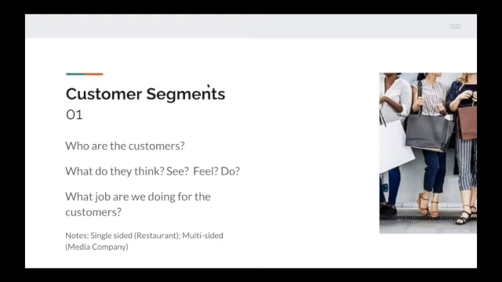Now, a multi-sided business model would be, let's say, a media company. If you're a newspaper, you would think of your customers as the people who are paying money for a subscription to read your newspaper, the readers in your geographical area, people who are interested in the news that you report.